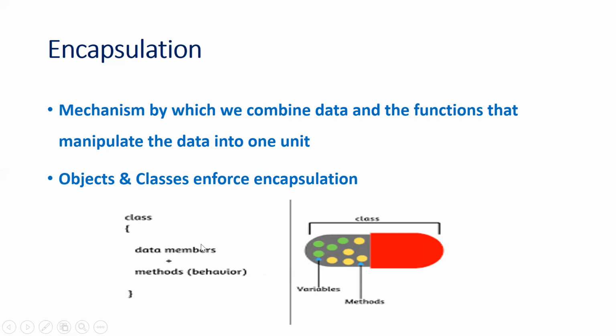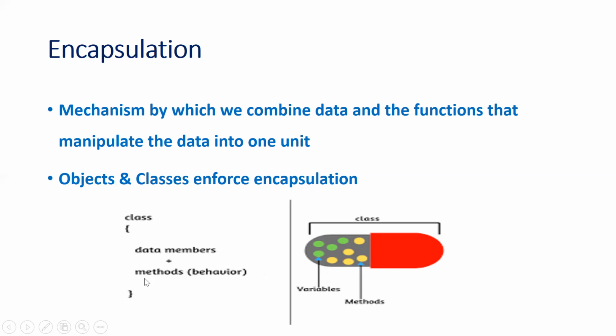So here we combine our required data and required methods together, but we can also hide this kind of information from other users. The users who have permission to access this class can have this data and methods, but the other users cannot have this information.